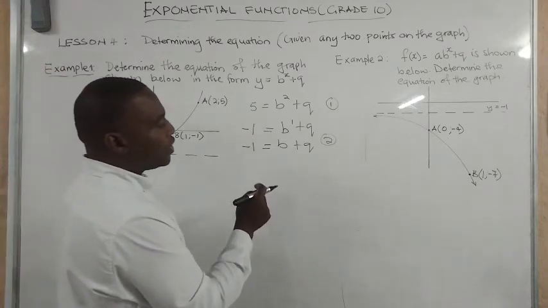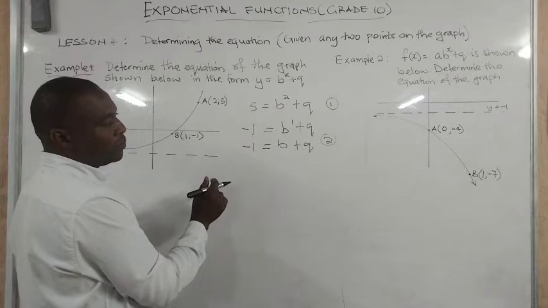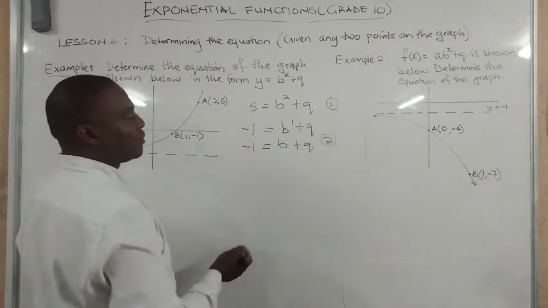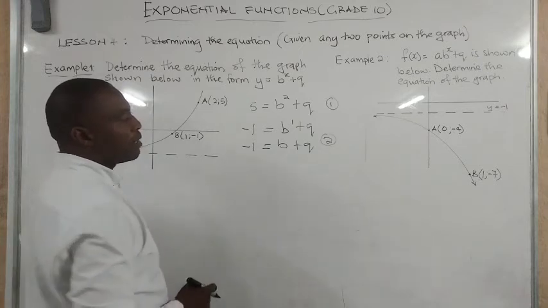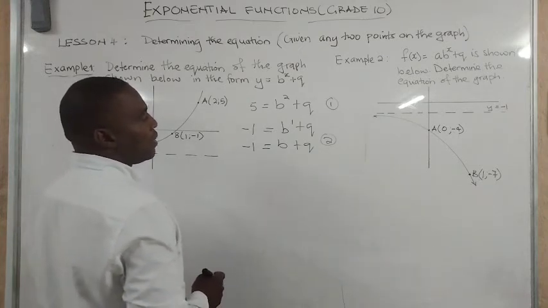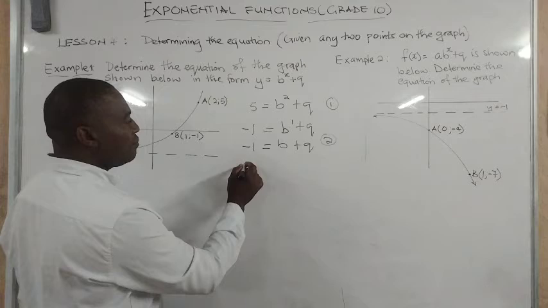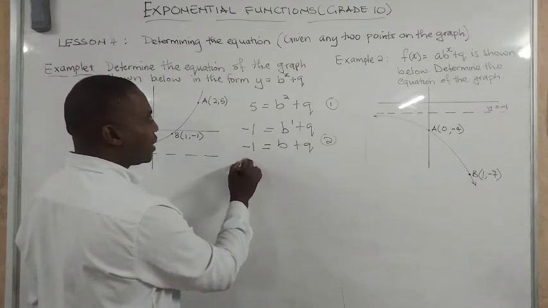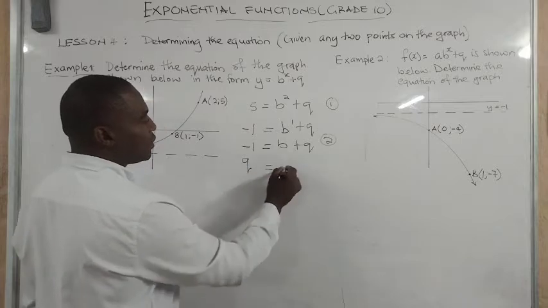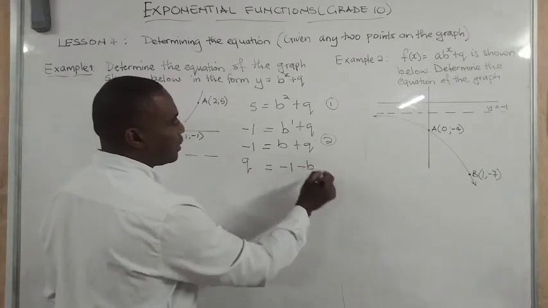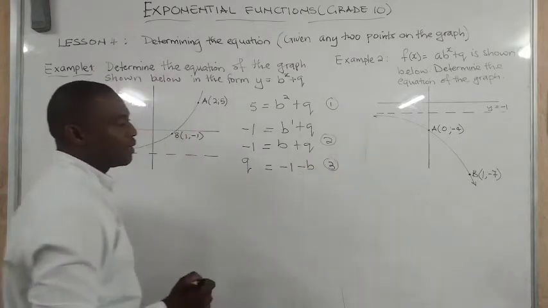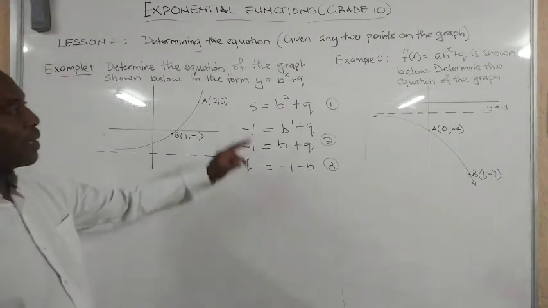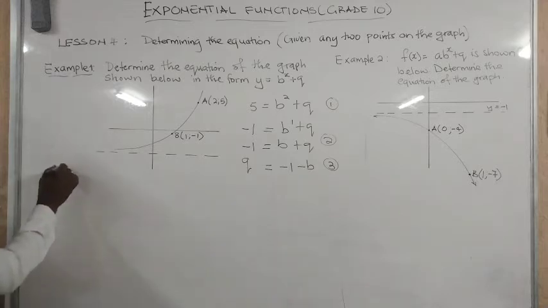Let's create equation 3 from equation 2. We can make b the subject, we can make q the subject. Let's say we make q the subject. We have to transpose b, so we are saying q is equal to minus 1 minus b. That's equation 3. Then you know that now we have to substitute equation 3 into equation 1.